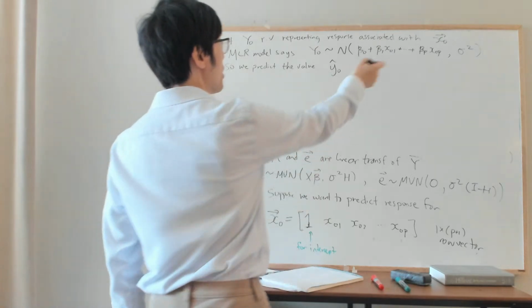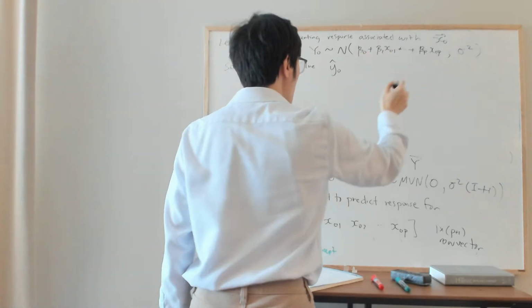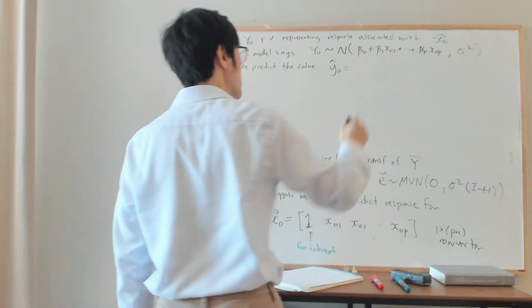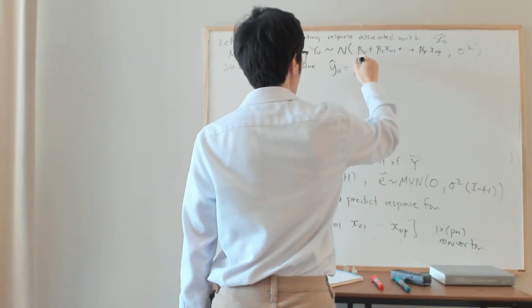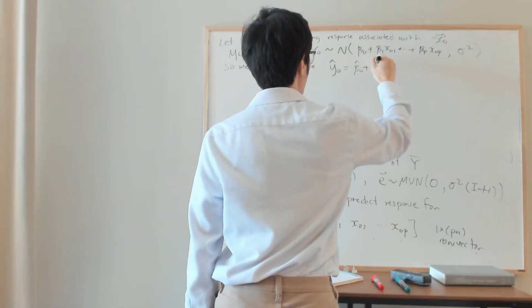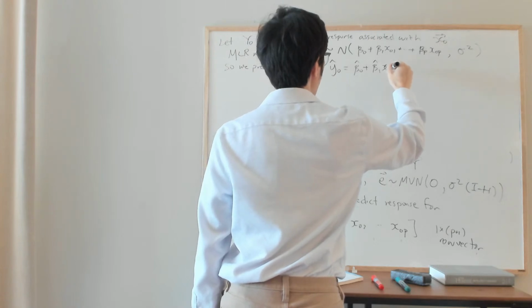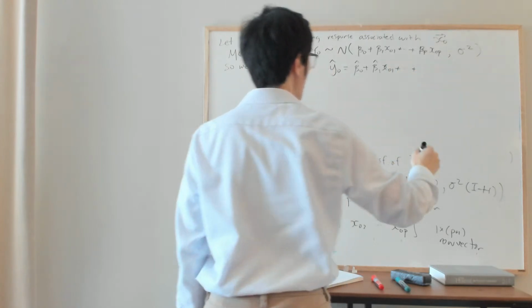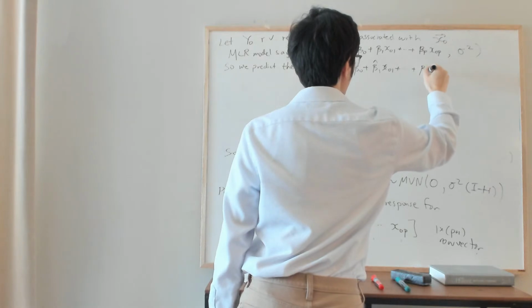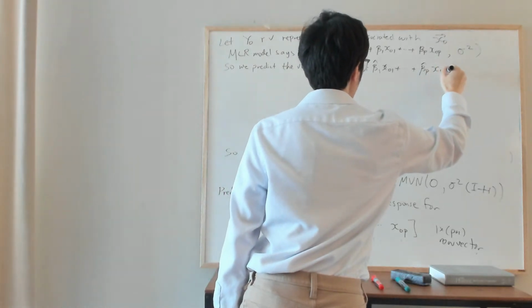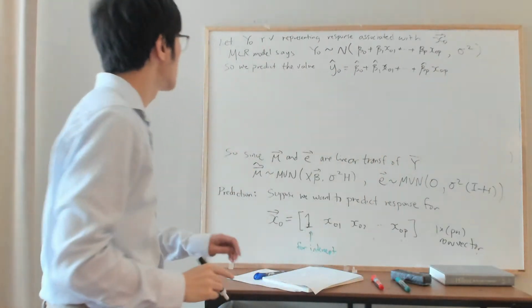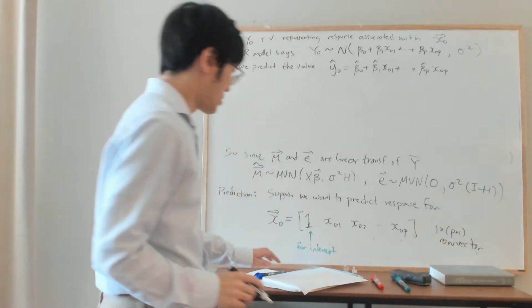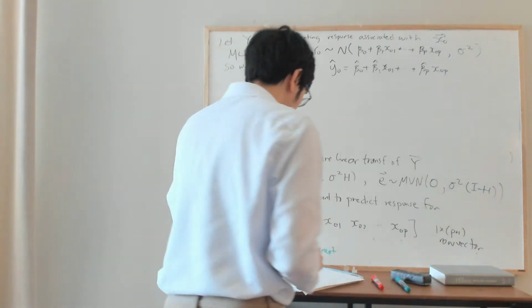We have estimates for all the betas, so we plug everything in: beta 0 hat plus beta 1 hat x0,1, and same for each of the p predictors, up to beta p hat x0,p. So that's the sensible value to predict.